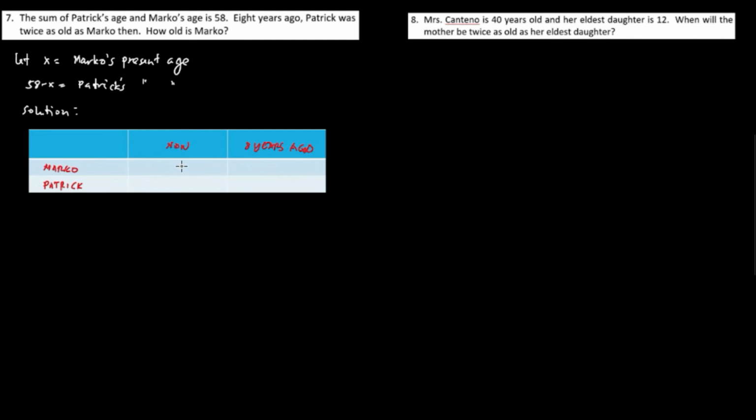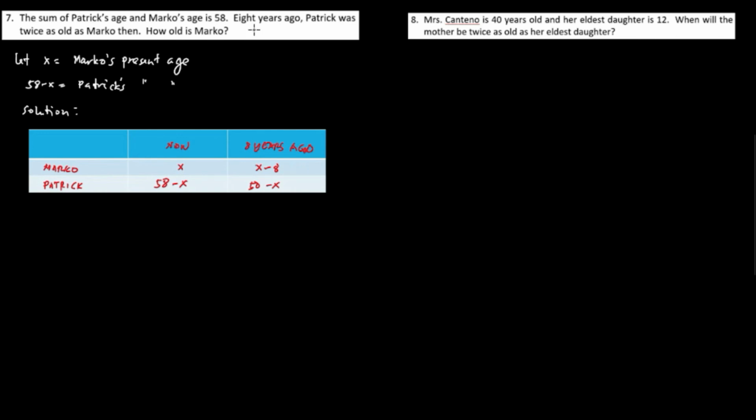So Marco now is x, and Patrick's age is 58 minus x. And 8 years ago, which is negative, Marco's age 8 years ago is x minus 8. While Patrick's age 8 years ago, 58 minus x minus 8, or 58 minus 8 is 50, and minus x.